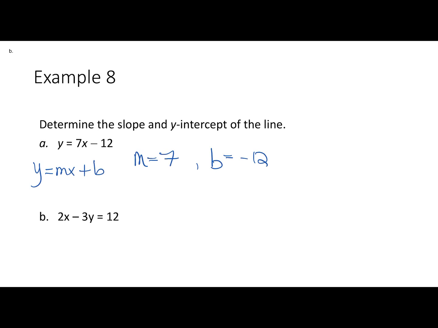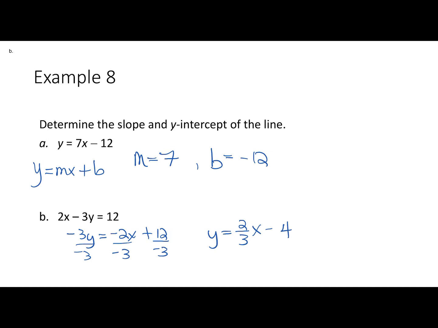So slope-intercept form, I'm going to move the x to the opposite side of the equal sign. Divide each side by the -3. All terms. And we have y equals 2/3 x minus 4.